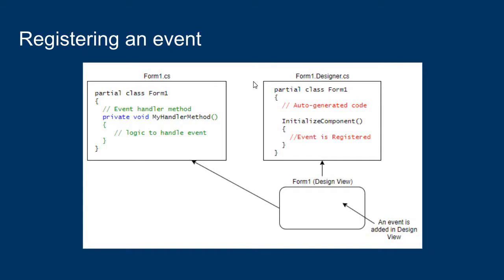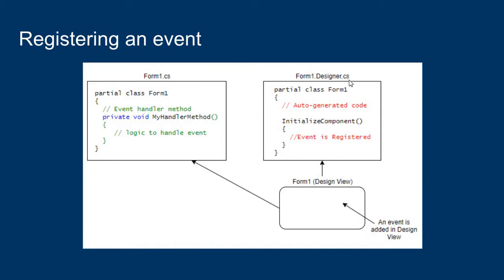Now, if you remember, our Windows Form project has a Form 1 class file that exists in two parts, and it has a design view with which we can interact to build the graphical representation of what our form looks like. The form1.cs file contains the code that we are going to handle.